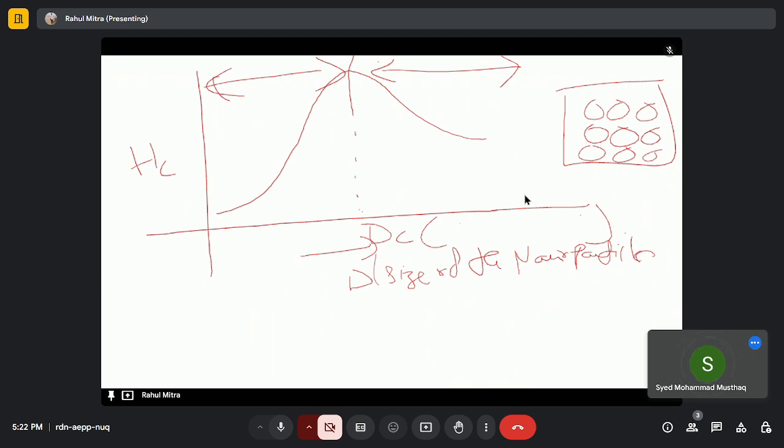So the domains become non-interacting. There is less resistance from the domain walls, so the HC starts to decrease. Because of less resistance from the domain walls, the domains try to get into a more randomized fashion. So we reach a stage where HC tends to 0, or approaches 0.